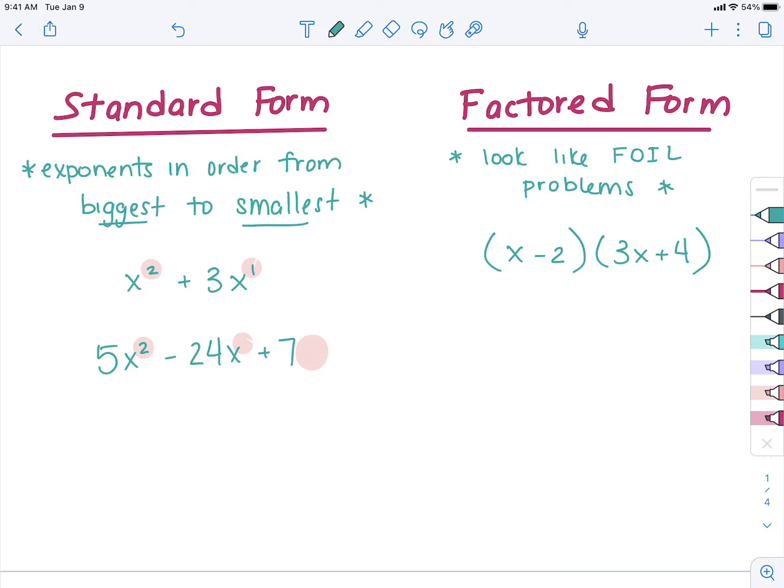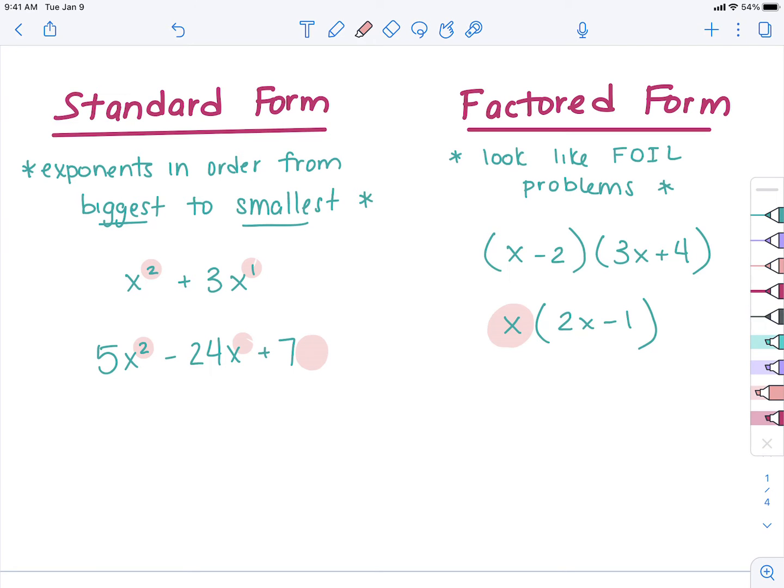We can also have factored form where we might only have a monomial as the first thing that we're multiplying, so they might not both be in parentheses because we only need the parentheses if we're adding and subtracting things. So we could have something that looks like this where the first term is not in parentheses just because there's nothing that we have to group with it, and that still is considered factored form. As long as they're actually side by side and multiplying, that's what we're looking for.